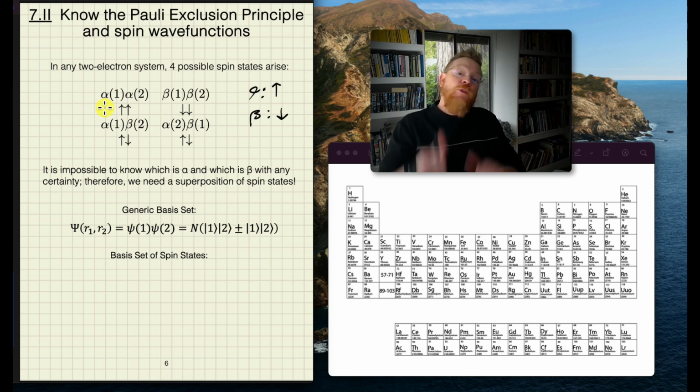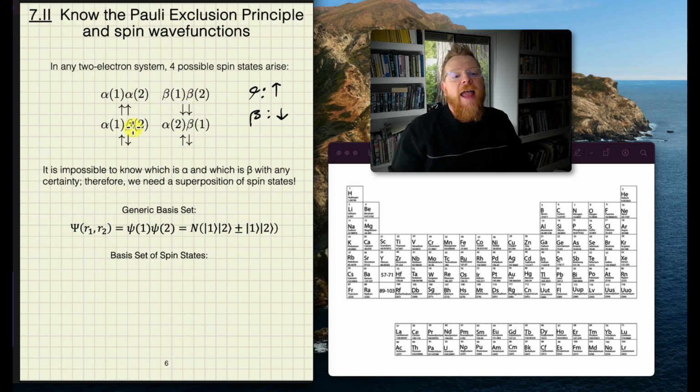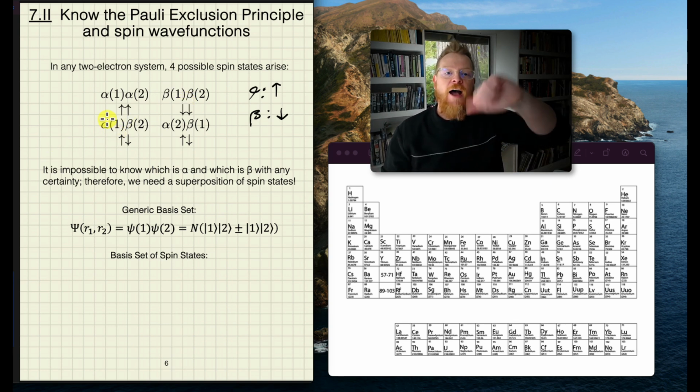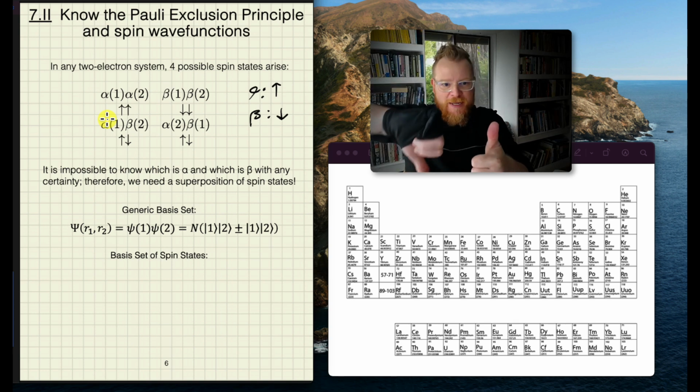So we could have both spin up, alpha 1, alpha 2. We could have both spin down, beta 1, beta 2. And now we could spin pair them. So we could have alpha 1, which is spin up, beta 2, which is spin down.